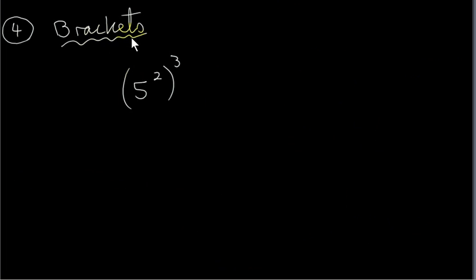The next thing I want to discuss is how to deal with brackets. So we have something raised to a power and a whole lot of it is raised to another power. So let's see what this means. We have 5 squared cubed, so that means 5 squared times 5 squared times 5 squared. So we write out 5 squared 3 times because this power is 3.